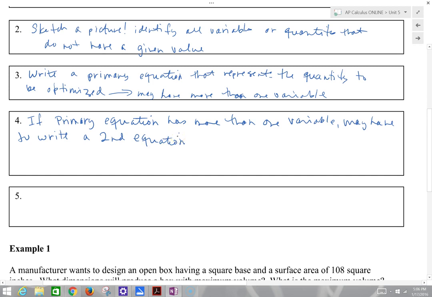So you're probably going to have to solve for one variable and stick it in the other. And once we have the equations, we're no longer dealing with the word problem. Well, how do we find maximums and minimums? Take the derivative.